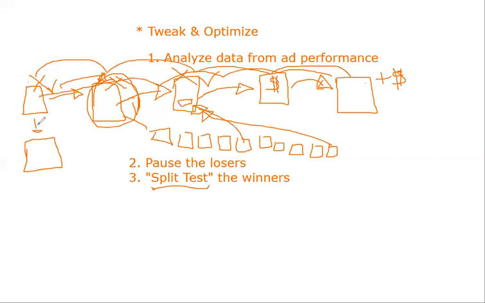So each duplicate, each test is to test out one little tiny thing. If you test out the headline copy and you change the headline color, that's two things. So you won't know which one is going to actually make you more money. That's why if you want to test out the headline copy and the headline color, then just make another copy. One will be with the color and one would be with the copy.